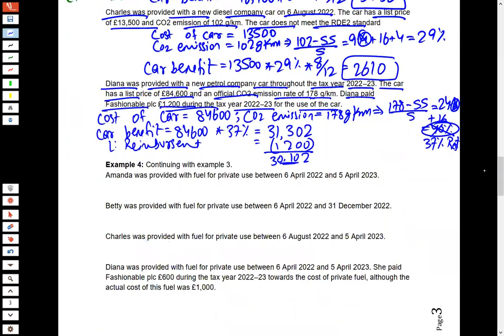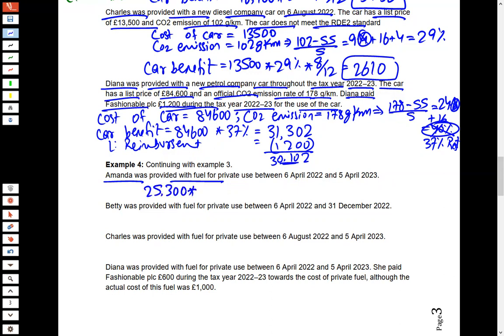Moving on to the next aspect, which is the fuel benefit. Continuing with the above example number 3, Amanda was provided with fuel for private use between 6th April and 5th April 23. For Amanda, the scale charge is 25,300.